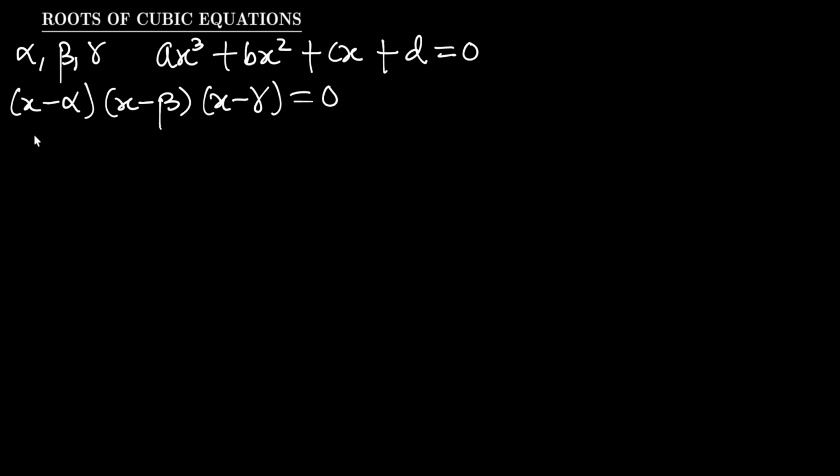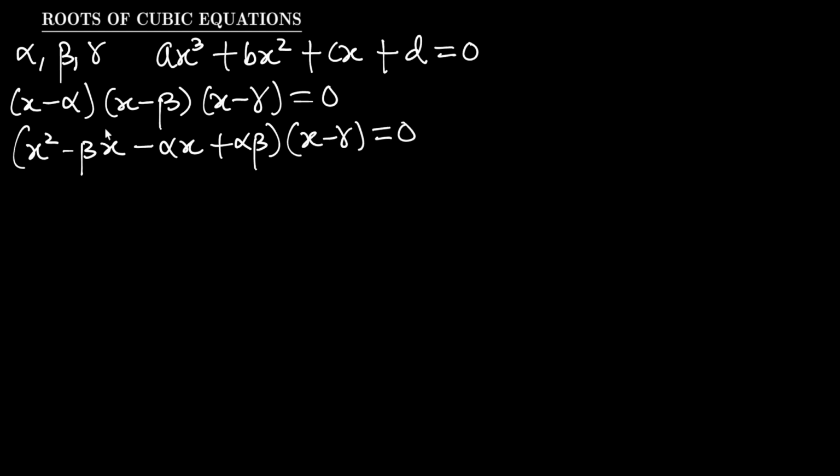And when we expand, I'm going to expand (x minus alpha) and (x minus beta) first, so that we have x squared minus beta x minus alpha x plus alpha beta, multiplied by (x minus gamma), equals 0.